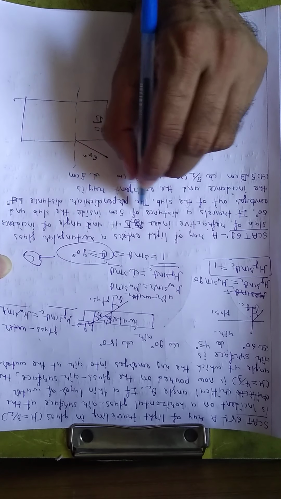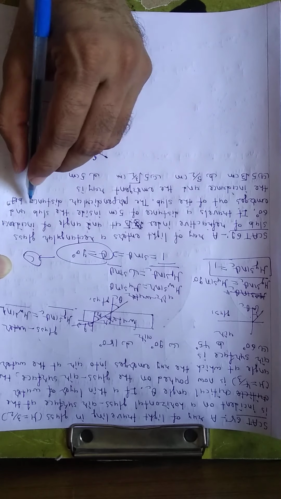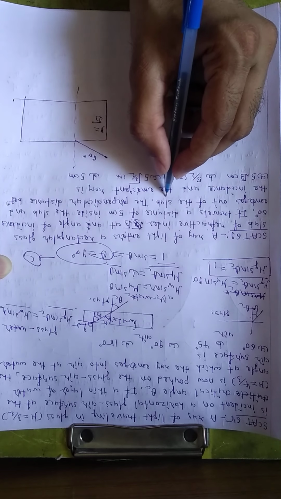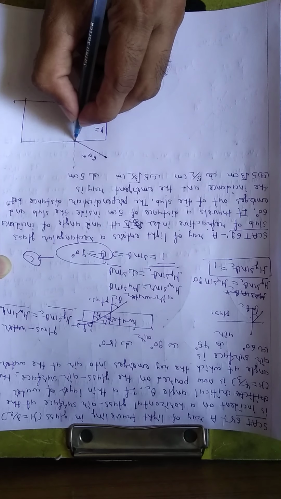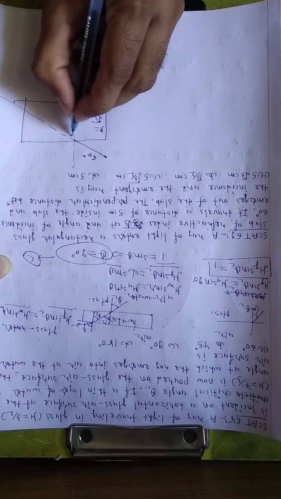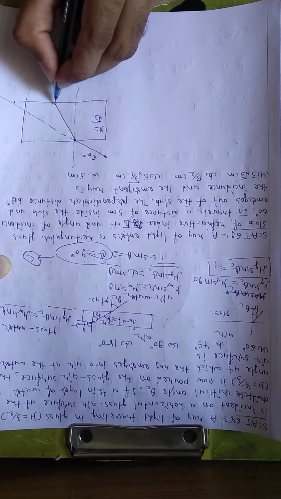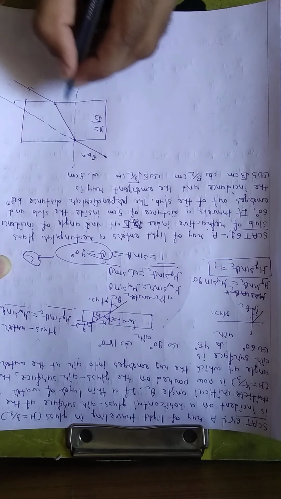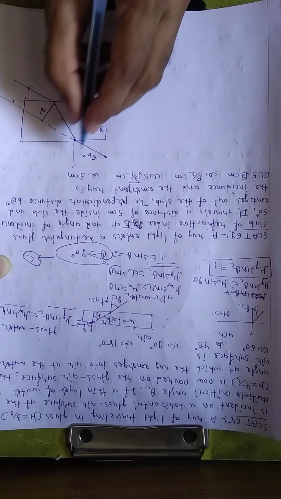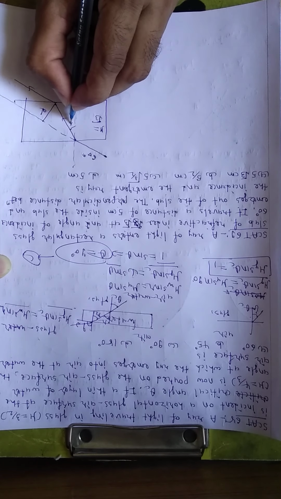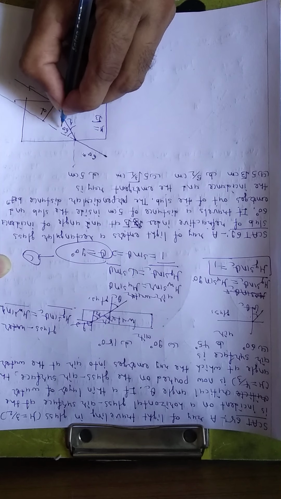It travels a distance of 5 cm inside the slab and emerges out of the slab. Find the perpendicular distance between the incident and emergent ray. This is the incident ray and this is the emergent ray. This is the perpendicular distance d. This is incident, this is r, and this is 60 minus r.